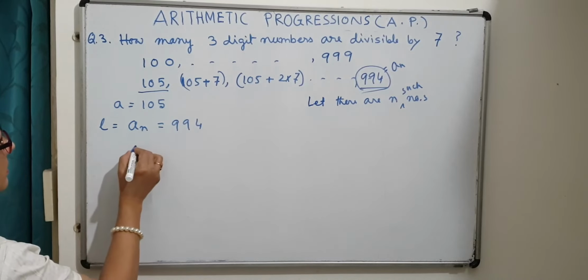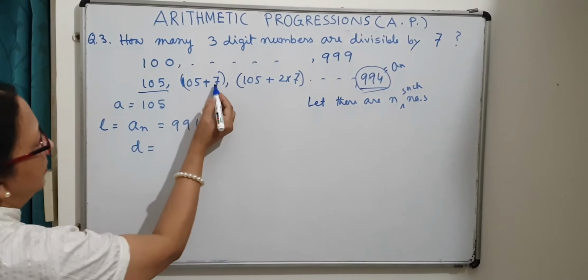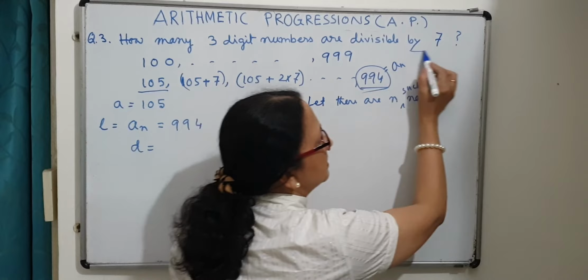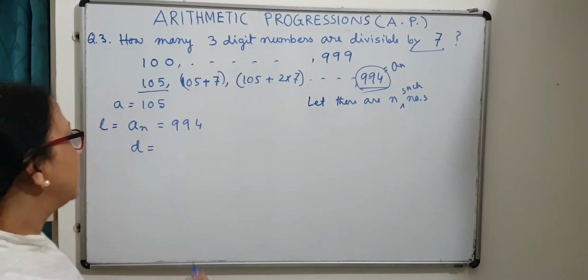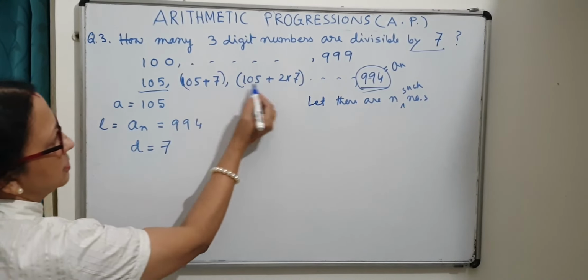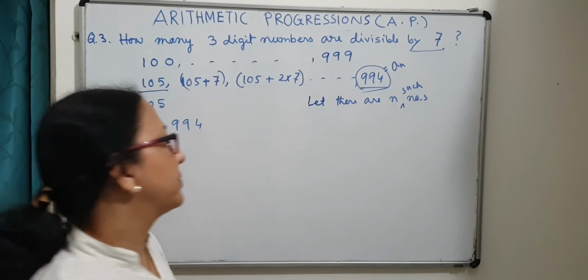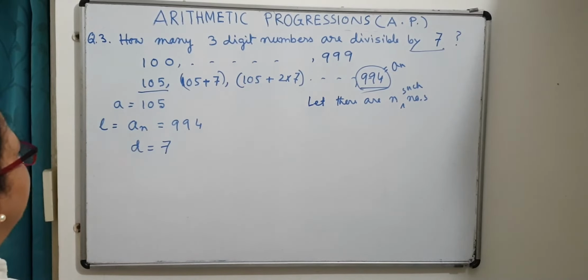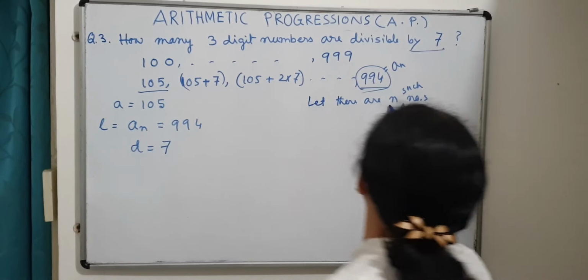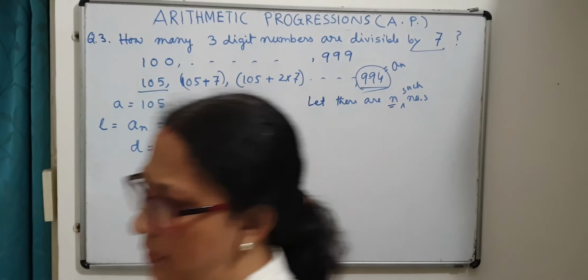And what will be D, the common difference? Obviously 7, since it is divisible by 7, the common difference is 7. As you see, it is increasing in steps of 7. So I know these things. So what you have to find is this n. Let me write it down properly.